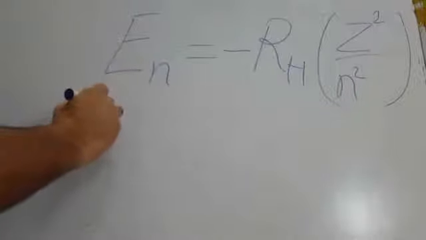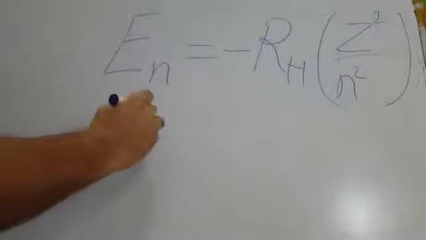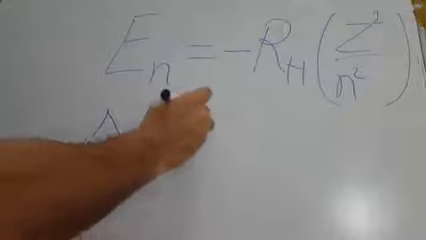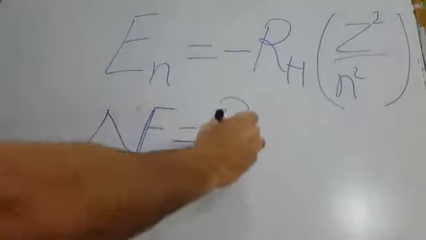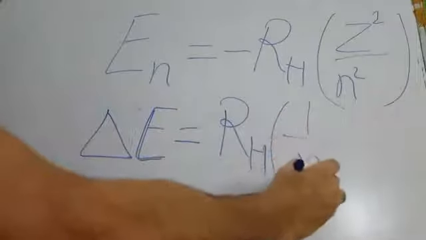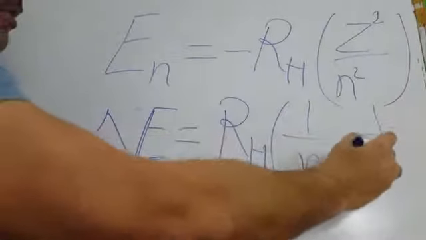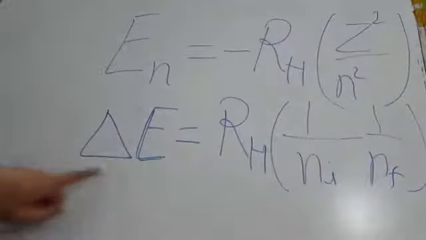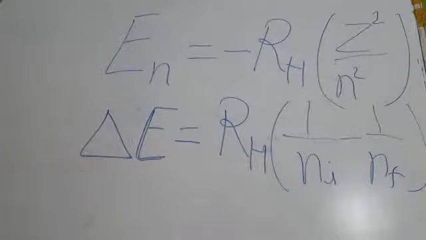And similarly, delta E, meaning the change in energy when an electron goes from one orbit to another, is given by RH, Rydberg's constant, into 1 upon n initial square minus 1 upon n final square. This is the equation we get for the hydrogen atom. So these equations you have to memorize.